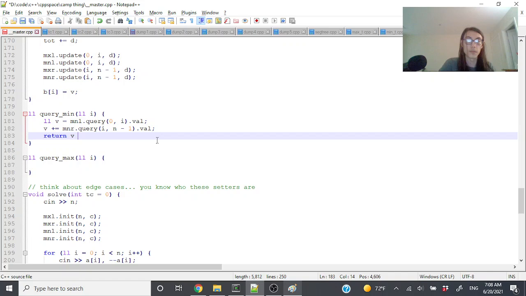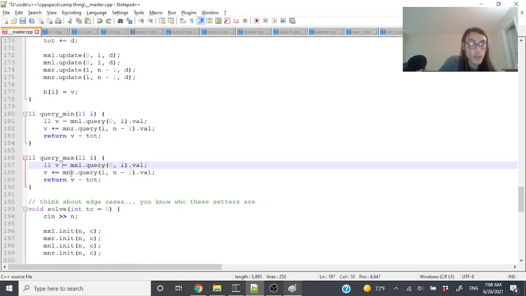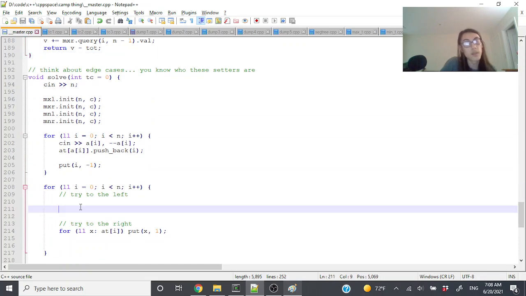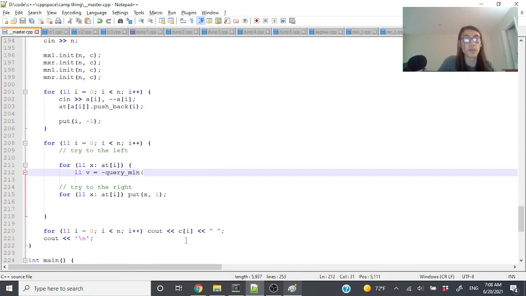Return v minus total. mxl, mxr. So for x at i, v equals query min, abs, negative query min x.